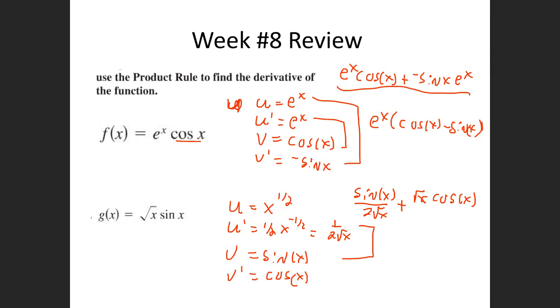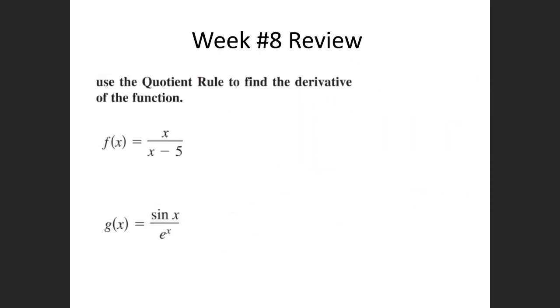Okay. Then last week we also had the quotient rule. Now the quotient rule, I'm just going to do this one. We set it up basically the same way. We say that u, and this time we use the top function, is the sine of x. U prime is cosine of x.